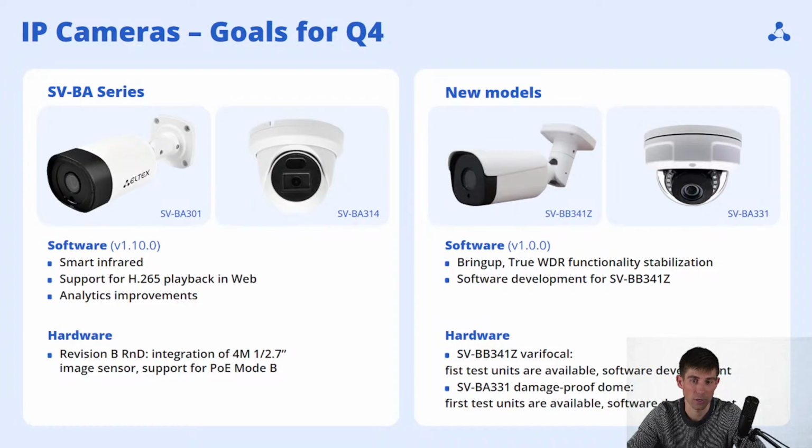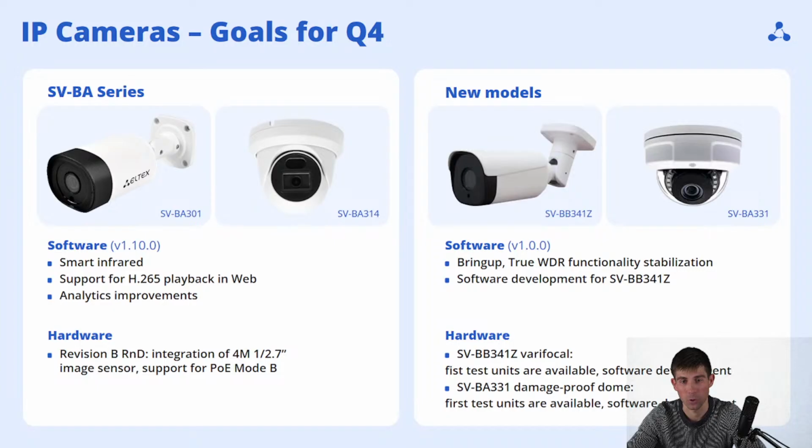But these units are different in the sense that the BA331, the vandal-proof camera on the right, is the one using our existing architecture, our chipset that's capable of doing WDR.